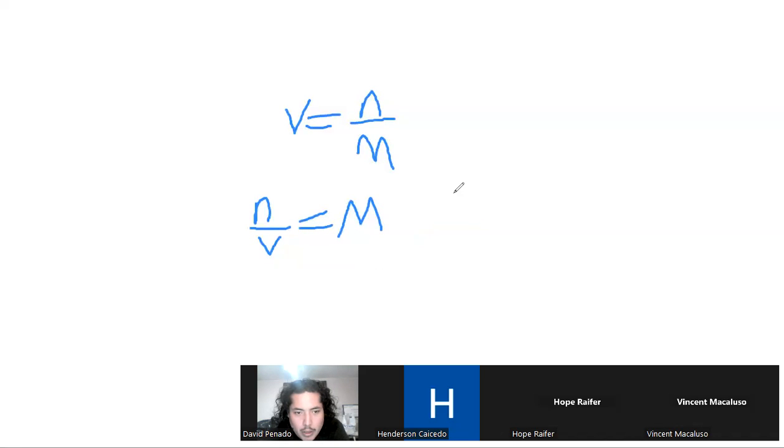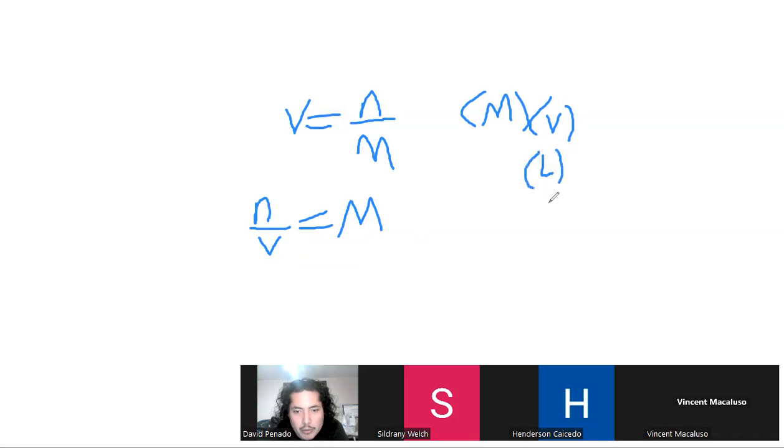And to get mole, we do molarity times volume, or liters. Make sure your volume is in liters, because a lot of the questions have it in milliliters and you have to do the conversion first.